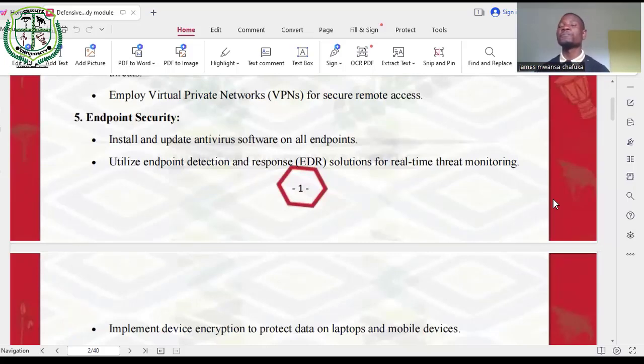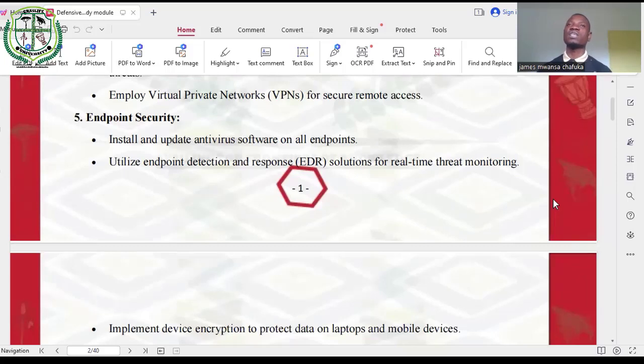For example, most of these systems are attacked by viruses. It could be Trojan viruses, which are very crucial kinds of viruses that can attack the system, and hence the system can be affected badly.